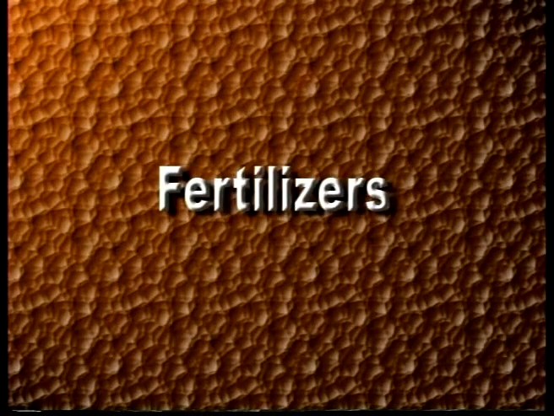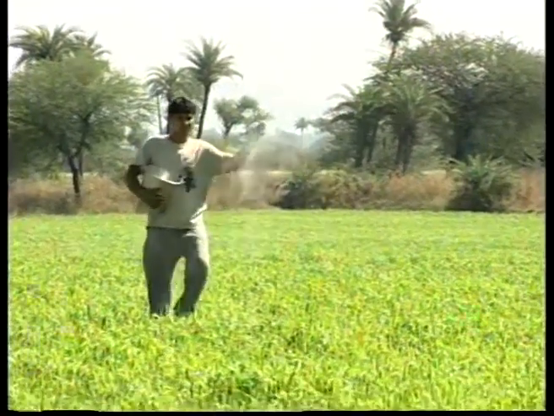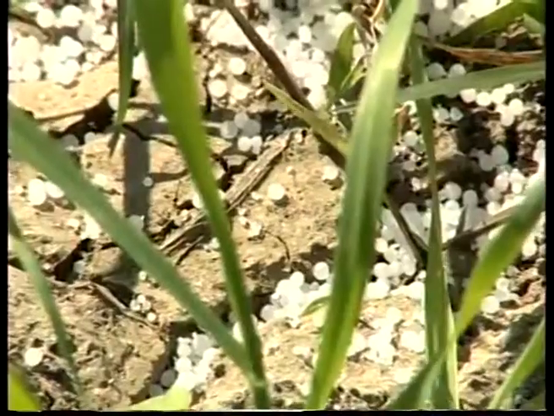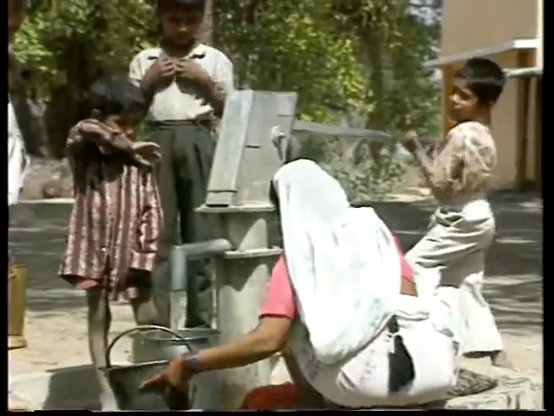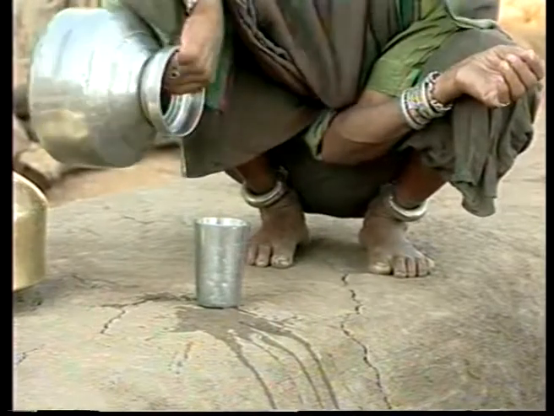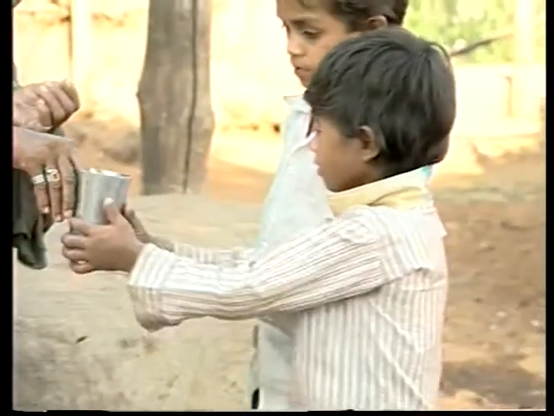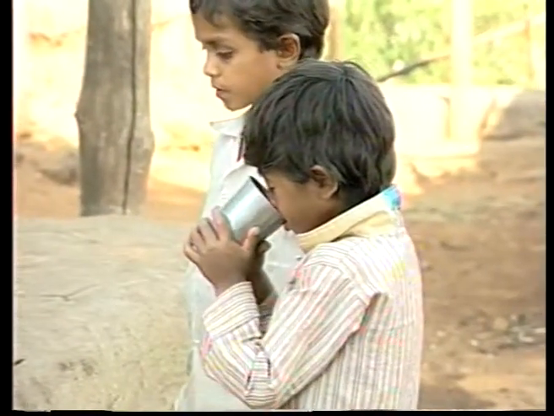Fertilizers. The excessive use of nitrogenous fertilizers lead to nitrate discharge in the soil and ultimately pollute groundwater. When human beings drink this nitrate-rich water, the nitrates are converted to nitrites by the action of intestinal flora. The nitrites have an affinity to hemoglobin and combine with it to form methemoglobin, which interferes with the oxygen carrying capacity of blood.